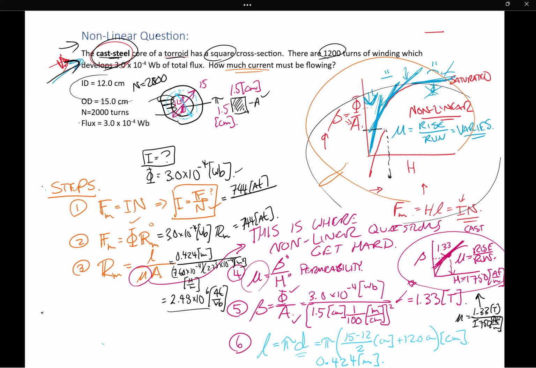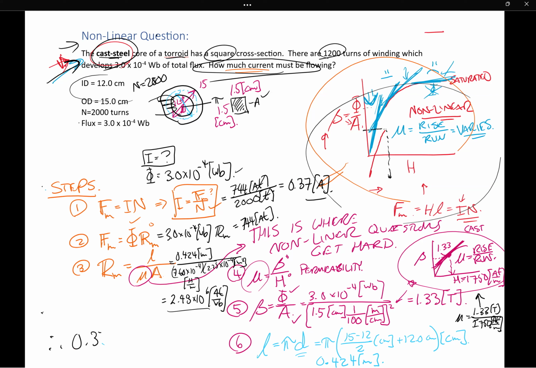Over N, which is given in the question, it's just 2,000 turns. Turns cross out and I get amps. Do I want amps? 0.37 amps. Well, it says how much current must be flowing. Current is in amps.